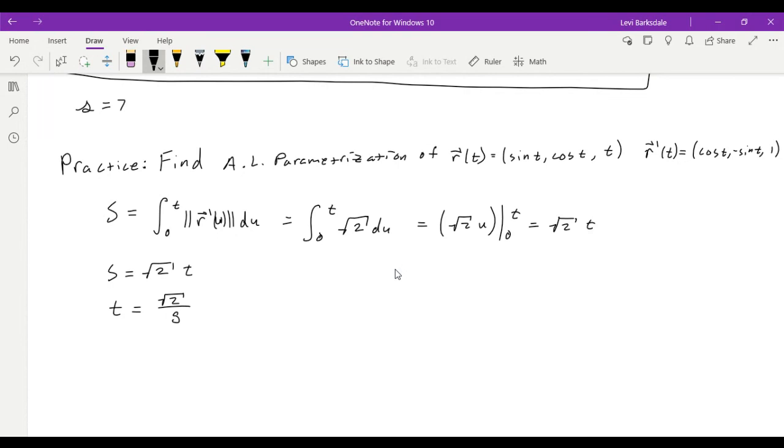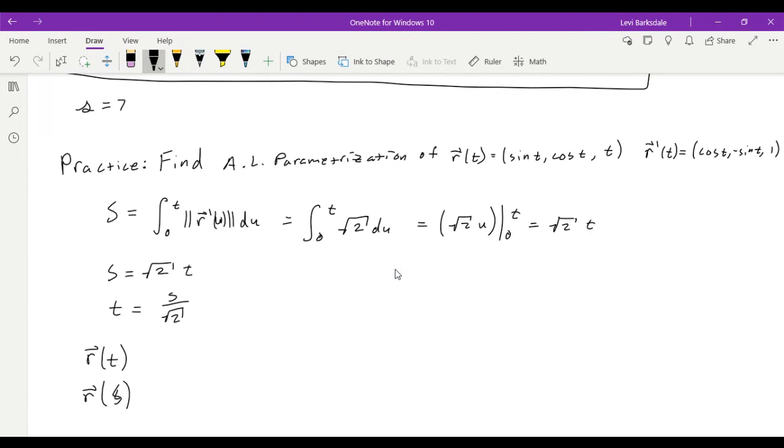All right. Lastly, all we need to do is find r of t when t is equal to s over the square root of 2. So then r of s would be equal to, oh dear, it should be s divided by the square root of 2. That's what it should be. Flip things around.